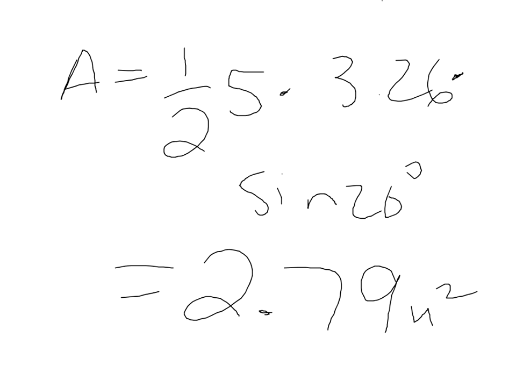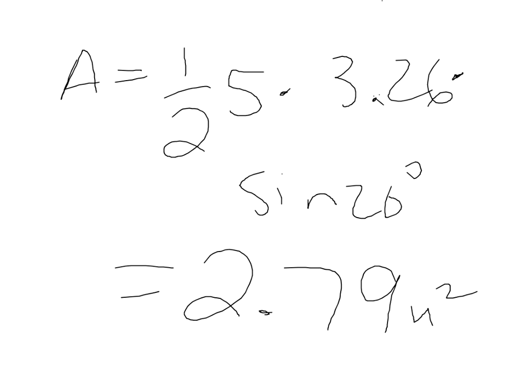All right, and so that is all the examples I have for when you have one side and then some angles. So you can have two sides and the angle in between. You can have two sides and the angle not in between.